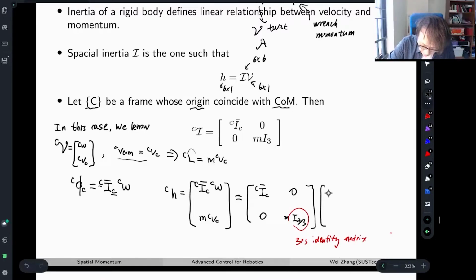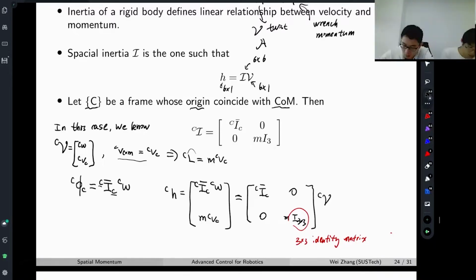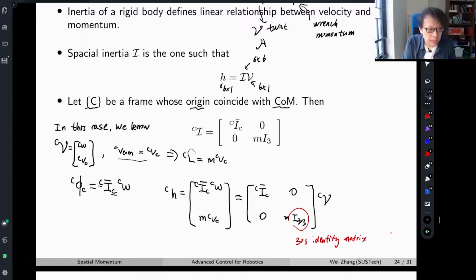Times my twist, all right, which is, let's just directly write down the twist, times V of C. So in this special case, when I choose a frame C and this C coincides with the origin, coincides with the central mass, then I can have this structure. If it is not the case, then I may not have this structure because it may not be diagonal.